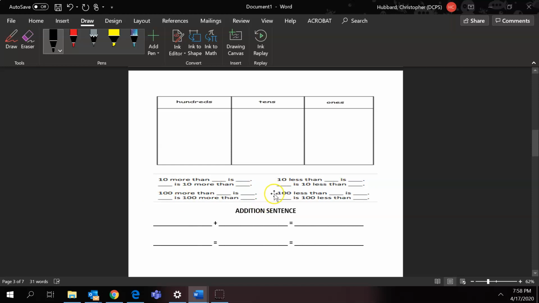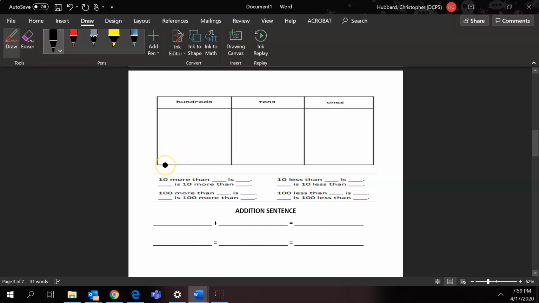And the last one says 100 less than blank is blank, blank is 100 less than blank. So as we're learning about relating 10 more, 10 less, 100 more, 100 less, we are going to fill in those blanks using one of these sentence frames.